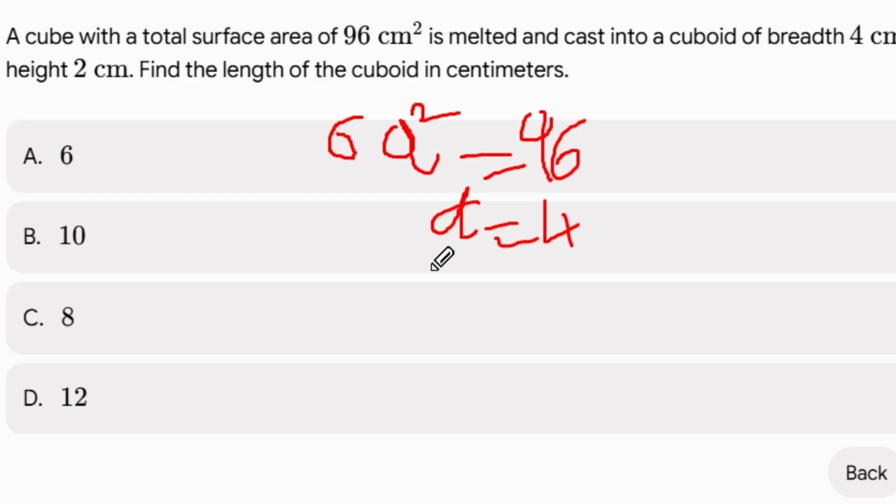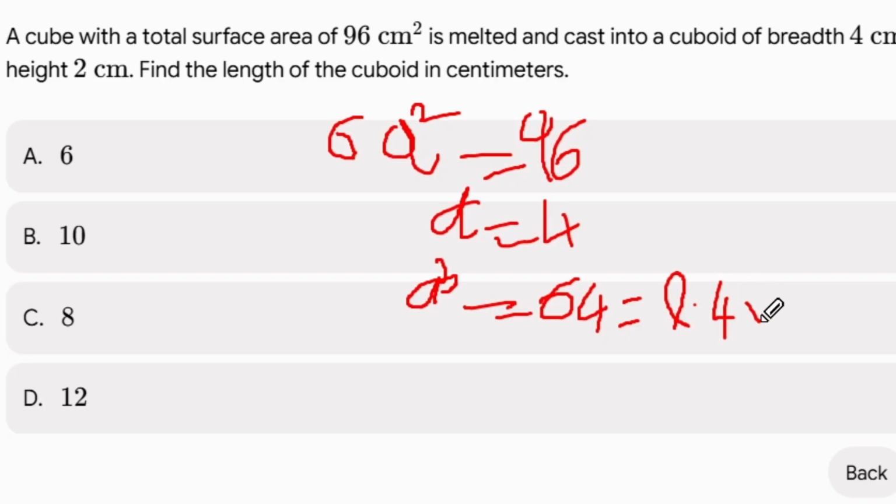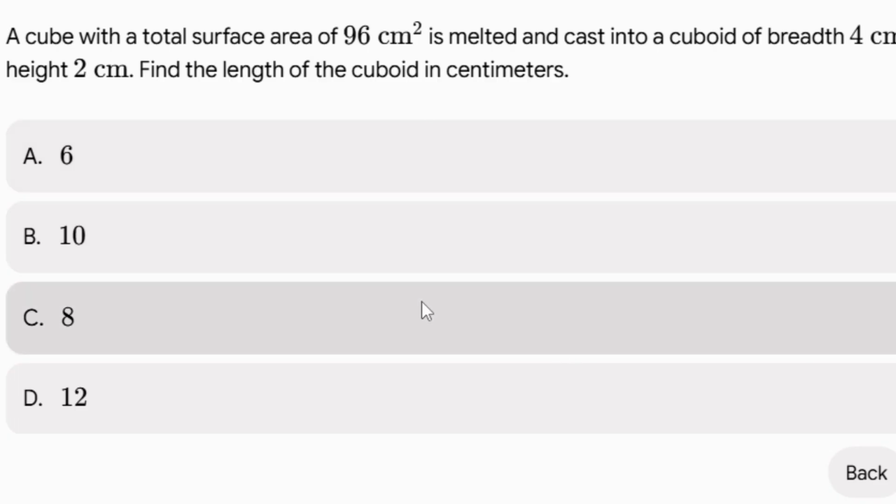Then volume of the cube, a cube equal to 4 cube, that means 64 cubic centimeters, which is equal to volume of the cuboid, that is L into breadth into height. By simplifying, we get 8 8s are 64, the length of the cuboid is 8 centimeters. This is the correct answer.